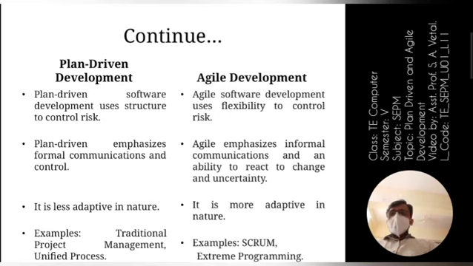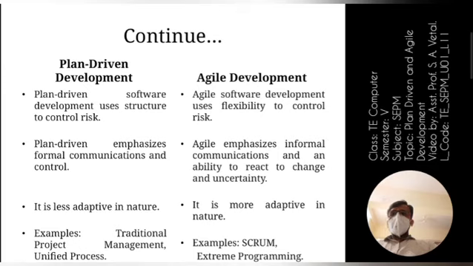The next is that plan driven software development uses structure to control the risk. On the other hand, agile software development uses flexibility to control the risk. We can change or modify the code to control the risk.